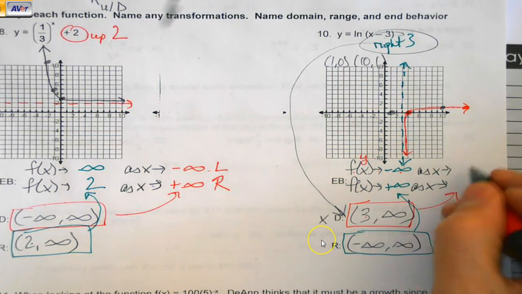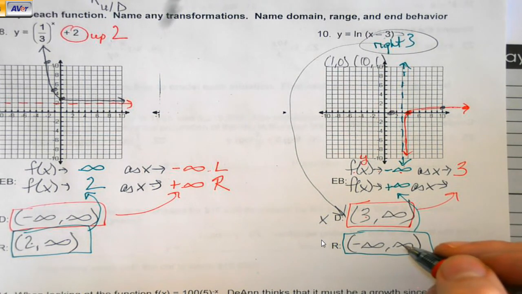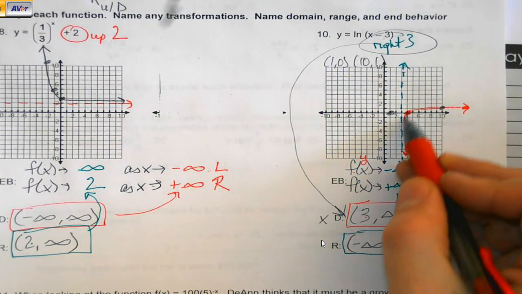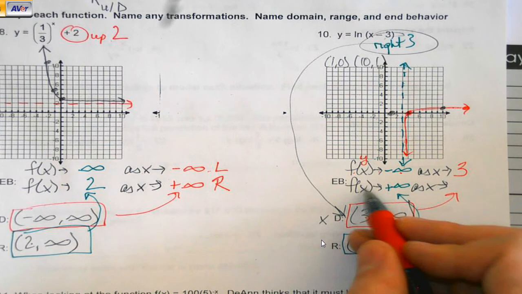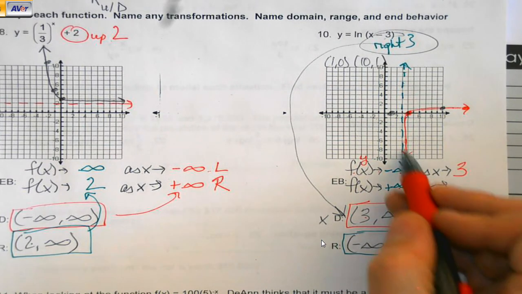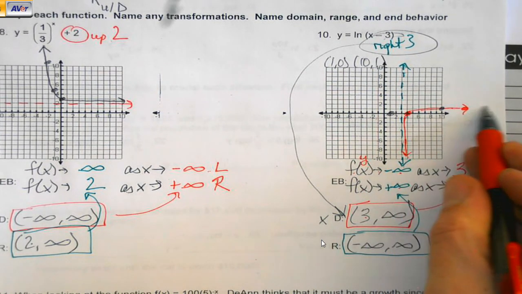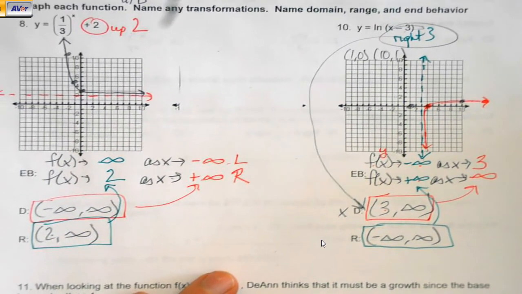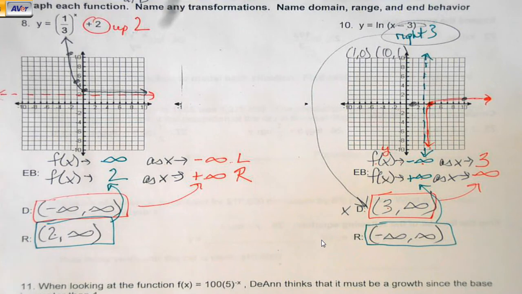I'm getting closer to my 3. Okay? As x gets closer to 3, y goes down. Yes, it does. But then as y goes up, I'm going out and out forever. Connections. Got to make them, and the more you practice them, the easier it is to make the connection.